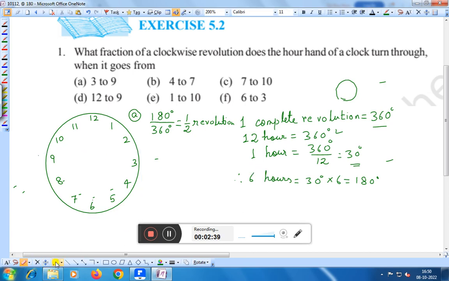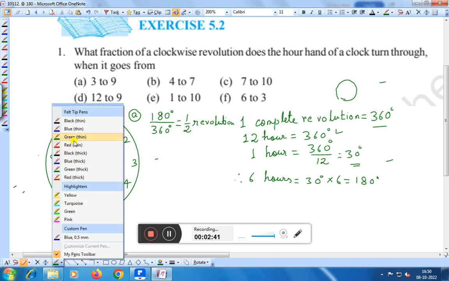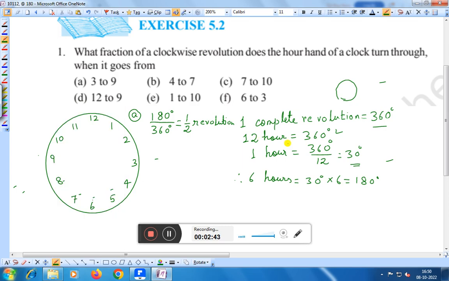This is the center of the clock, and here it is 4 first, it goes from 4 to 7.